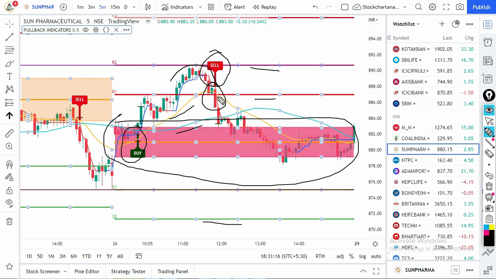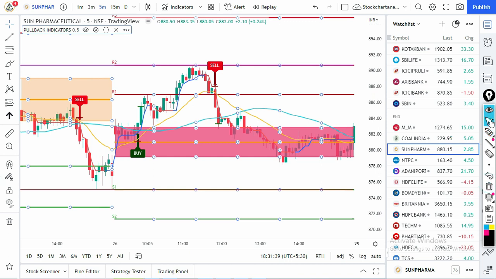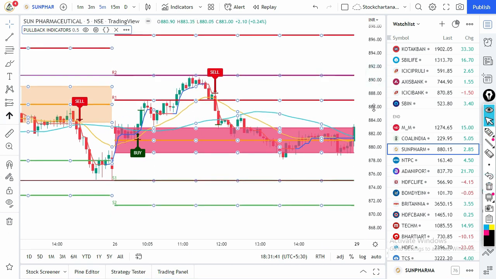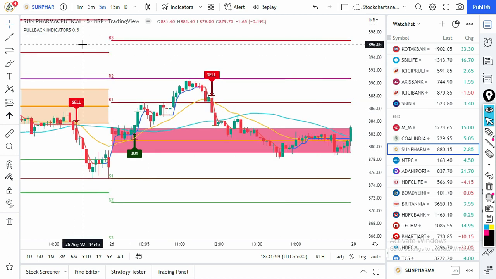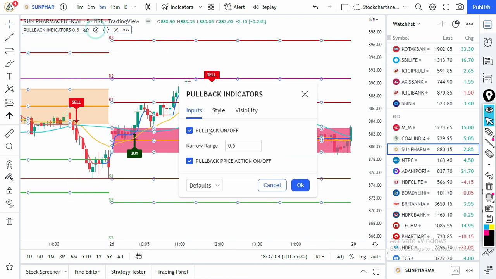So you can immediately on the closing price of this candle enter into the trade, and this will be your first target. As your targets get achieved, you can trail your stop loss. What I have noticed is that when there is a double confirmation trade, the accuracy along with risk and reward is pretty high. So this is how you trade a double confirmation trade, and this is how you access the second indicator.